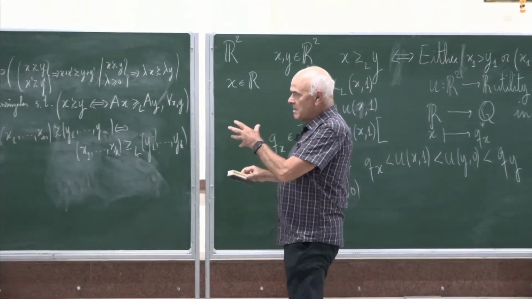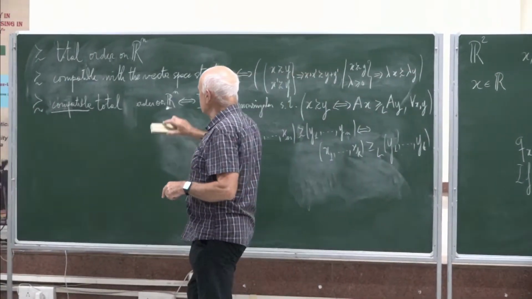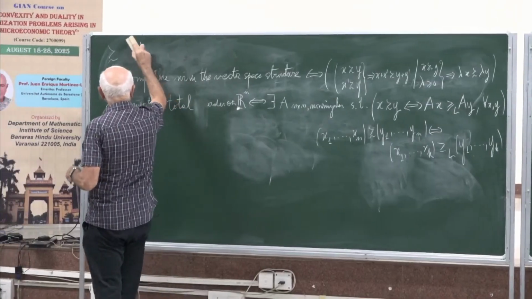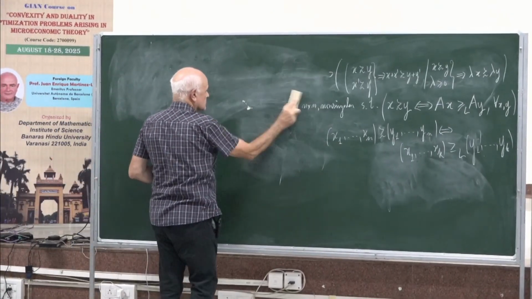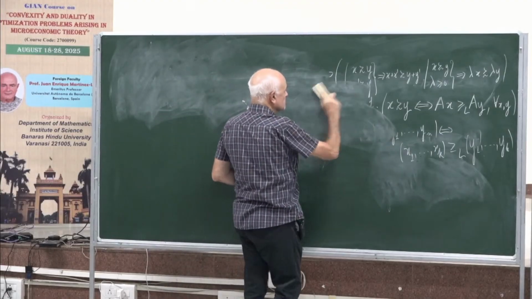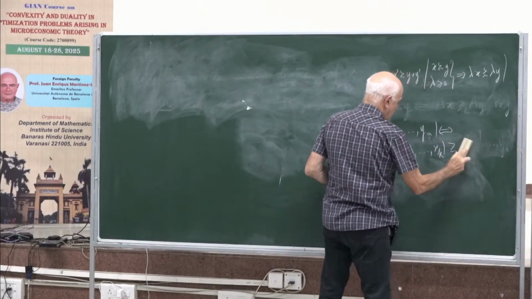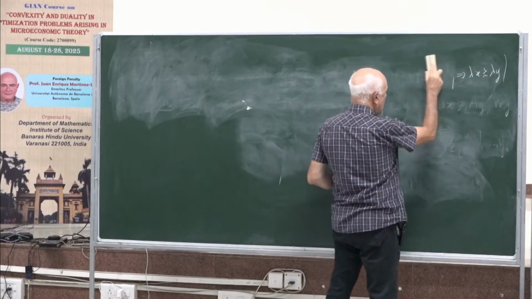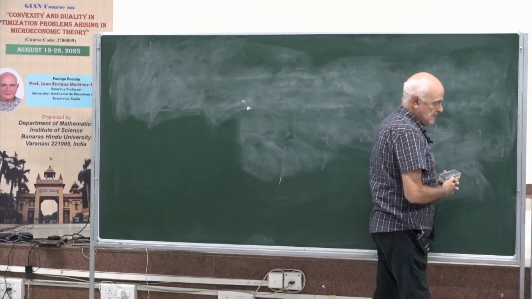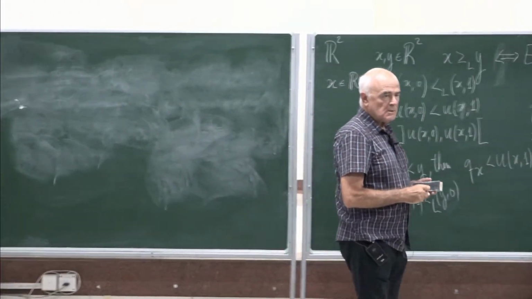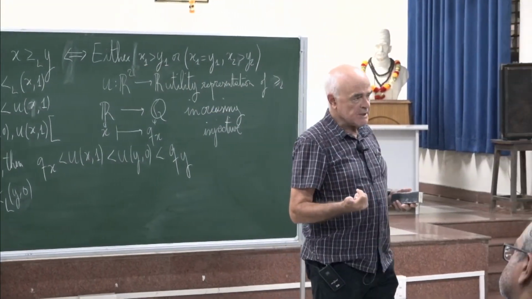So I'm compensating it with this, and still now with something else. We'll use the separation theorem for closed convex sets.